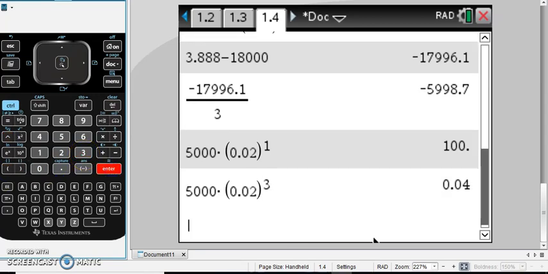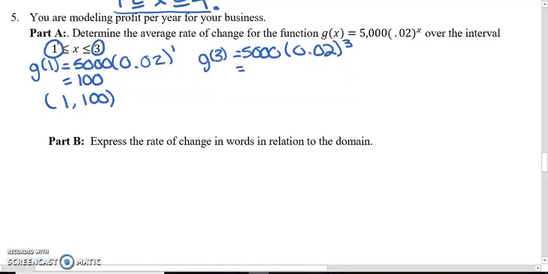And I got 0.04. So this one's going to be (3, 0.04).